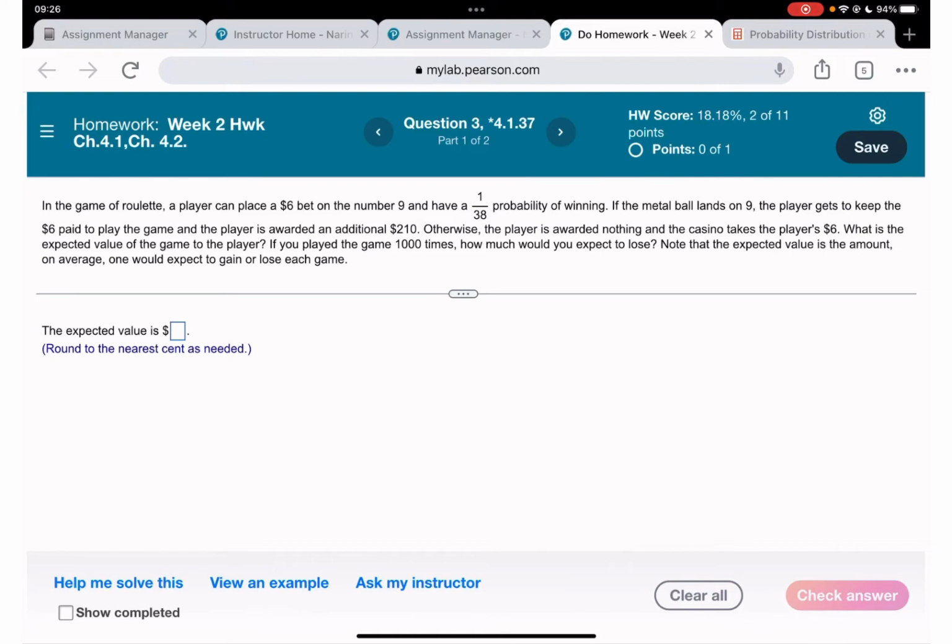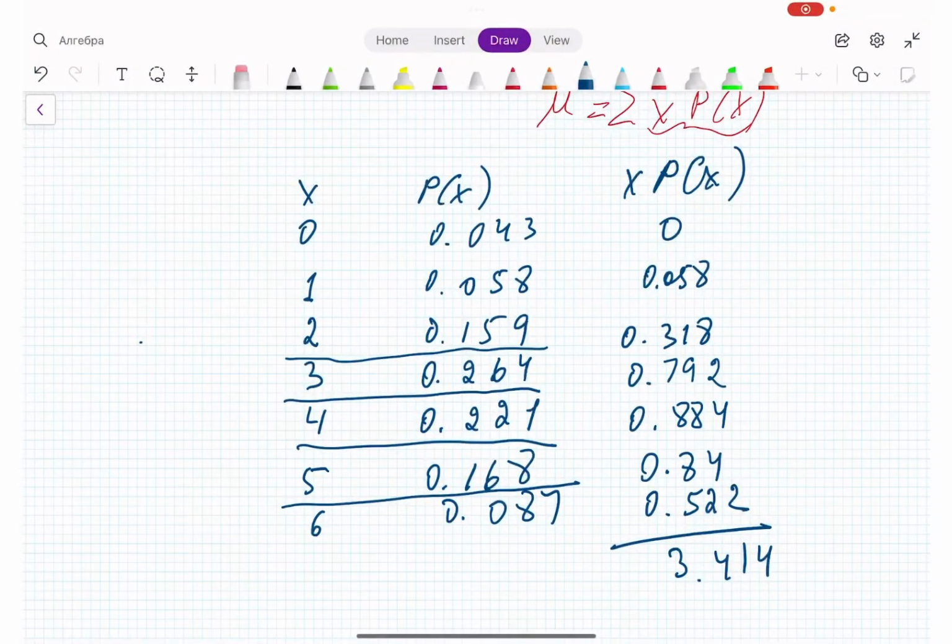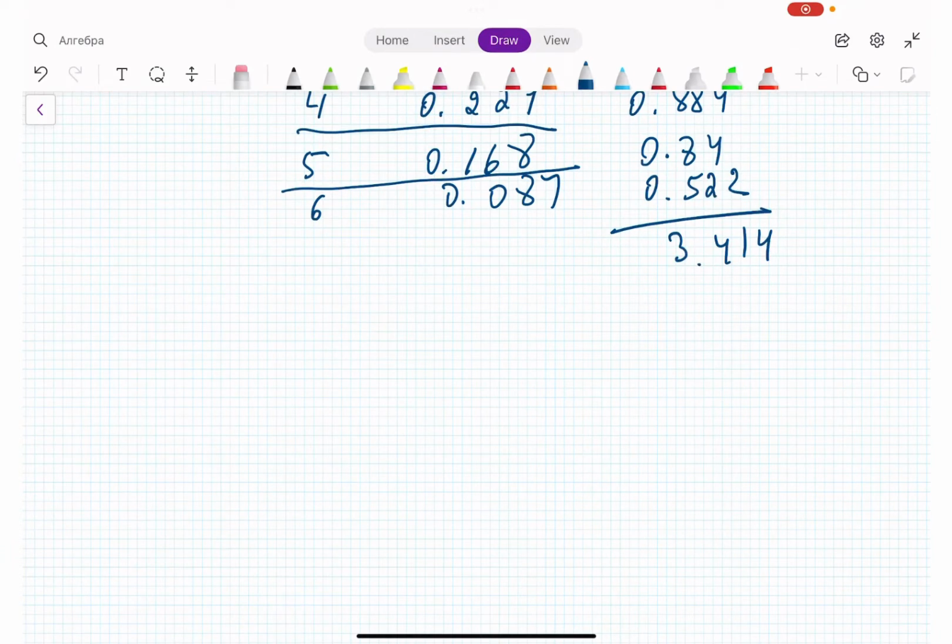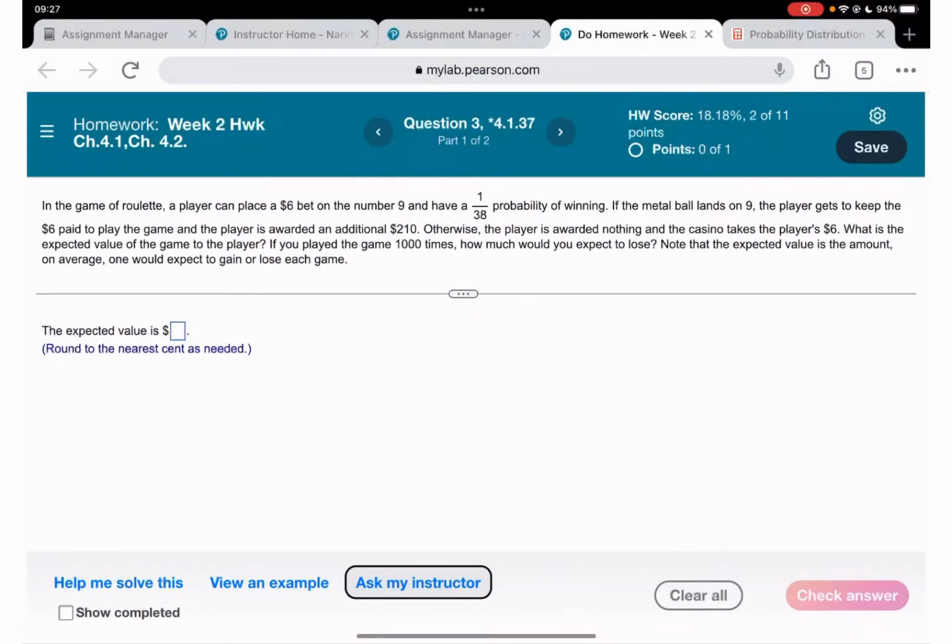Okay, so now I'm moving to, we need to find expected value. I recommend you also take a picture or follow your work, the problem in your homework, so you can understand what's happening.